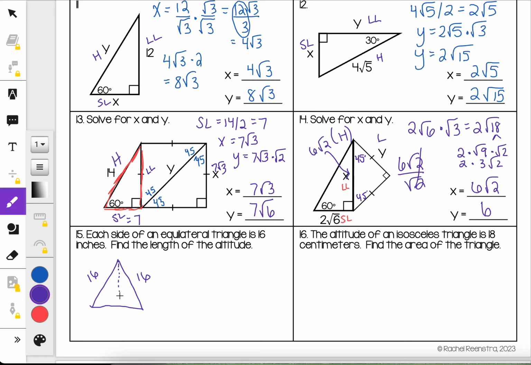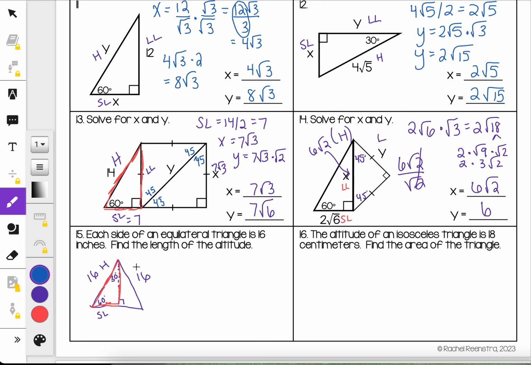So I'm going to draw my altitude down here, and this is going to create a 30, 60, 90 triangle. Okay, so I have my hypotenuse. I want to find my short leg, which is going to help me find the long leg of this 30, 60, 90 triangle.